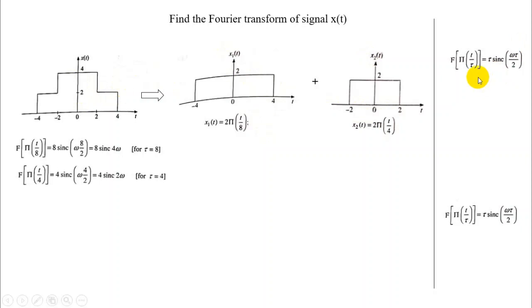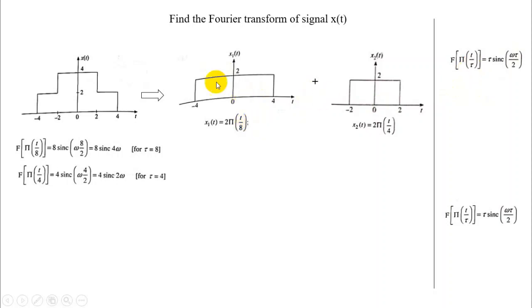As we know, the transform of a rectangular signal is a sinc function multiplied by tau, with argument omega tau divided by 2. For this signal, the value of tau is 8.